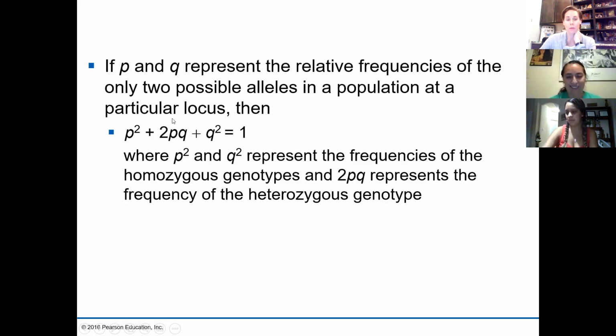The way I remember that is, if you look at it, it makes sense. If you're homozygous, you have 2 of one, so you have to be homozygous dominant or homozygous recessive. And then the one in the middle, you have P and Q, you're heterozygous. So if you're looking at a red, a white, and a pink flower, you have 3 different looks. That's how I remember that this is the phenotype.